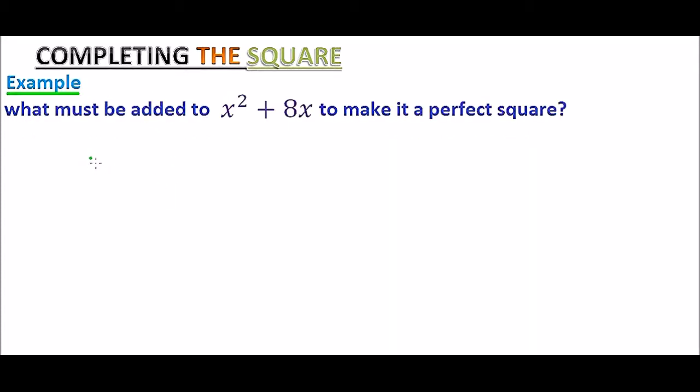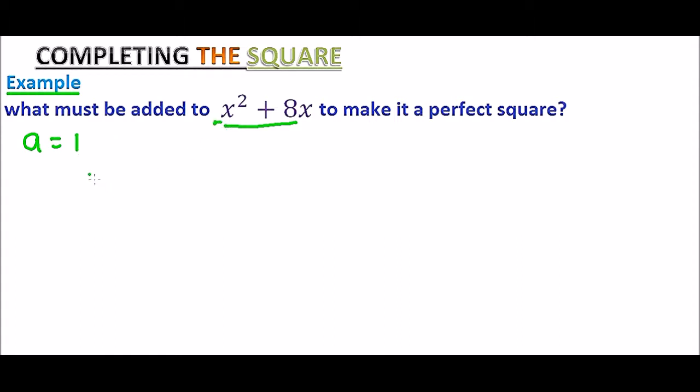So in our example 1, we are going to see how we can find out what should be added to x squared plus 8x to make it a perfect square. We are going to use two methods to show that. So the first method, we say a is equals to 1.